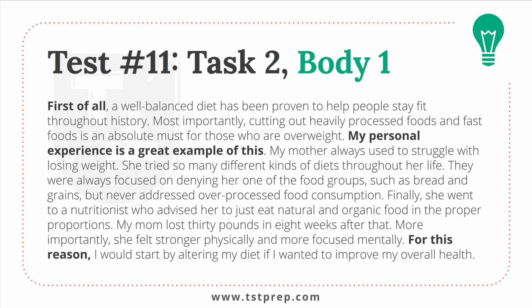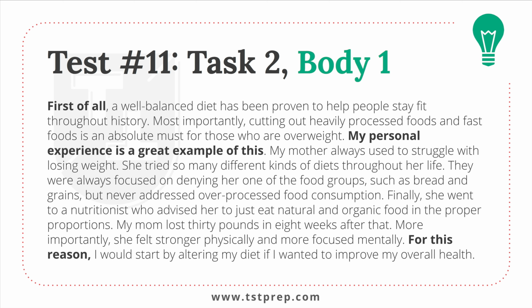Then they're going to talk about their personal example, and then to finish it up, they're going to connect back to the topic. The last sentence: for this reason, I would start by altering my diet if I wanted to improve my overall health. And so that's what she did here. State your reason, provide more details, connect to the topic. That's what she did in the first part. First of all, well-balanced diet.